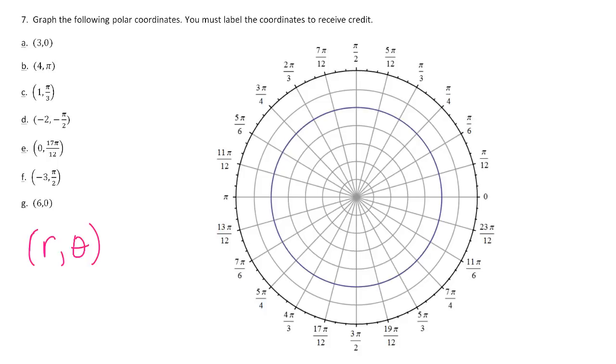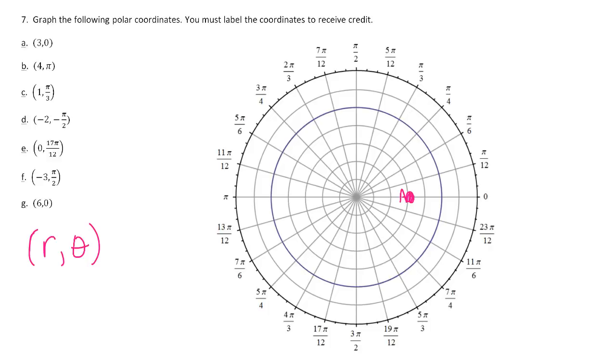So for A, 3, 0, our angle is 0, so we need to go in the direction of 0 and then a radius of 3. So for 3, 0, we're going to have 1, 2, 3. So here we're going to have our point A.